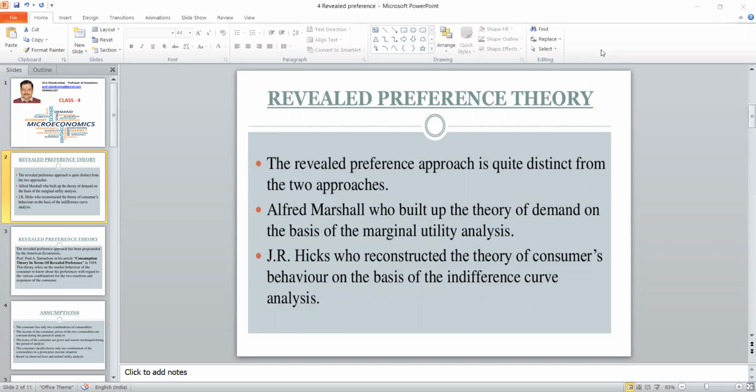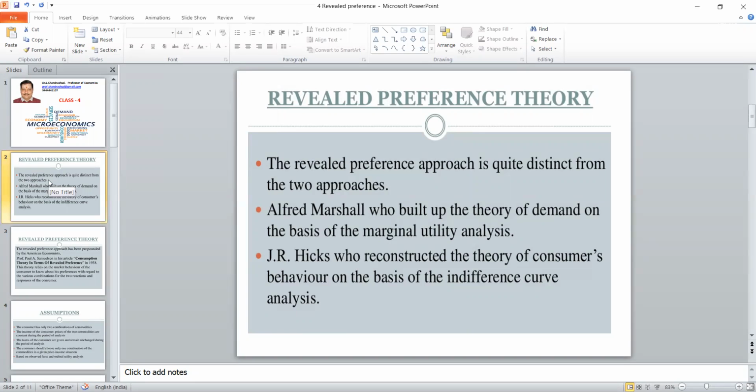Today we are going to discuss the revealed preference theory. Actually, we can divide this into two distinct approaches. The first one was given by Professor Alfred Marshall, using marginal utility analysis, the cardinal approach.